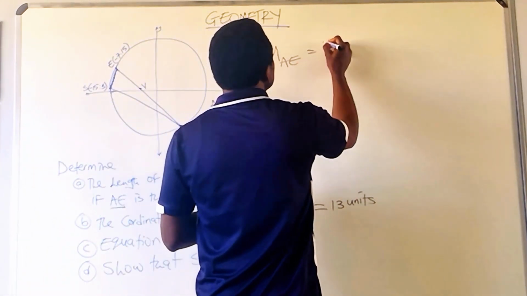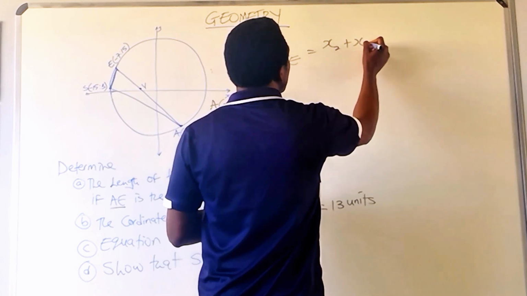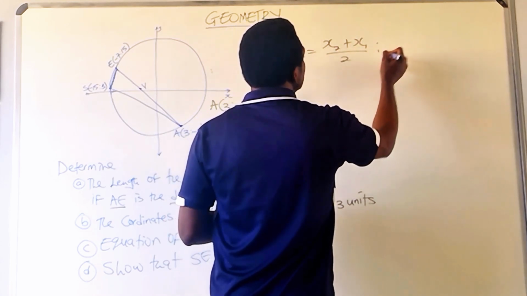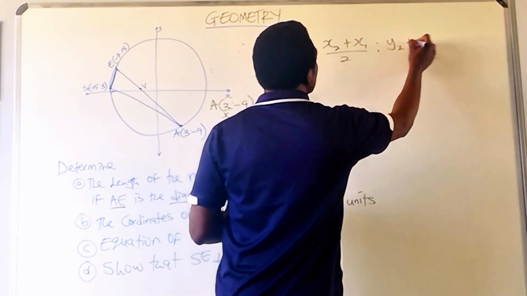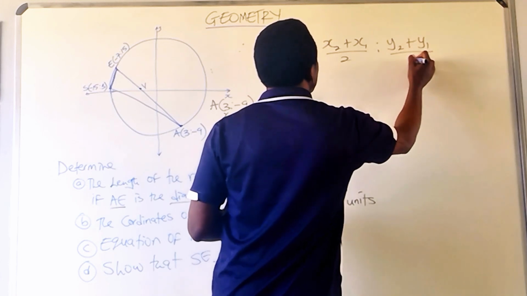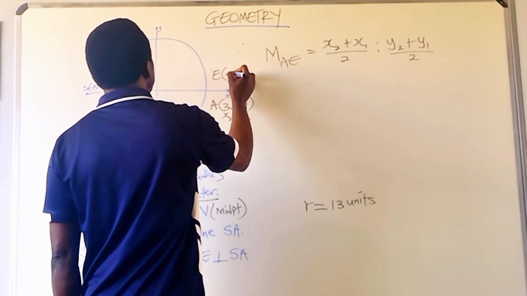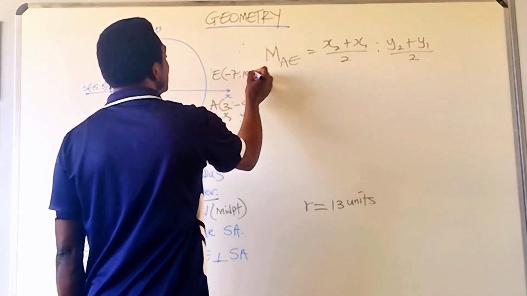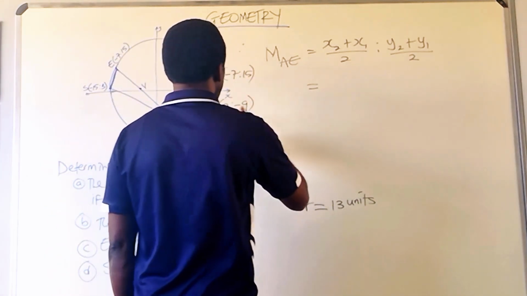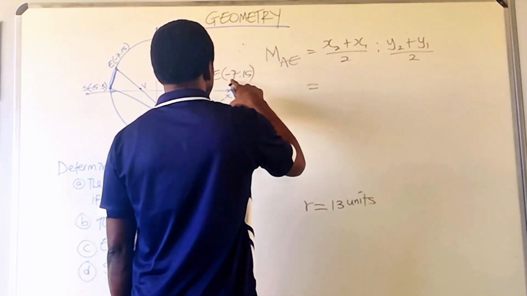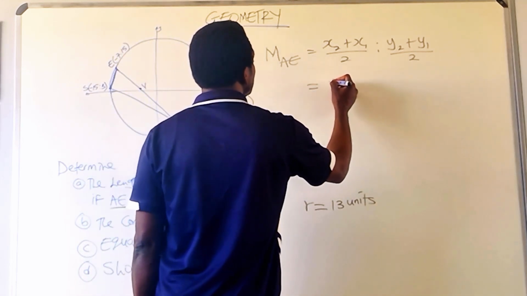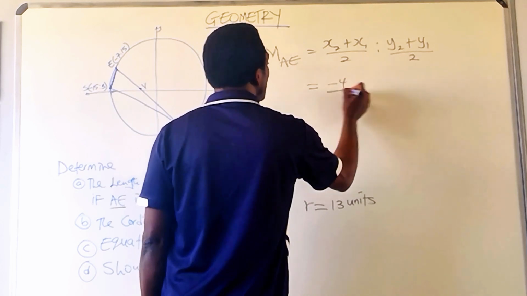For the midpoint, we have x2 plus x1 all over 2, which will give us our x coordinate, and y2 plus y1 all over 2, which will give us our y coordinate, for the two given coordinates that we are working with. So here we have 3 plus -7, 3 minus 7 is -4, over 2.